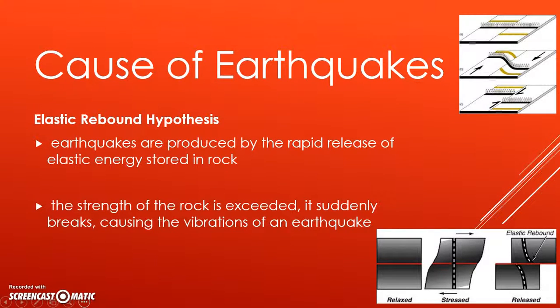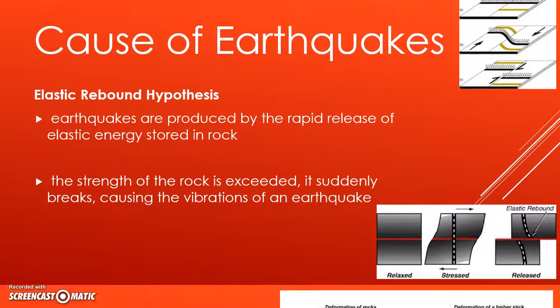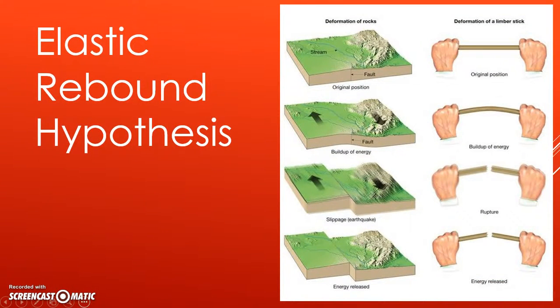Same thing here. You have the relaxed rock state, and then it's being stressed or pulled in two different directions, and that causes the elastic rebound once it's released. So again, it's just deformation. You have this huge buildup of energy, and then in one quick motion, you have that rupture.